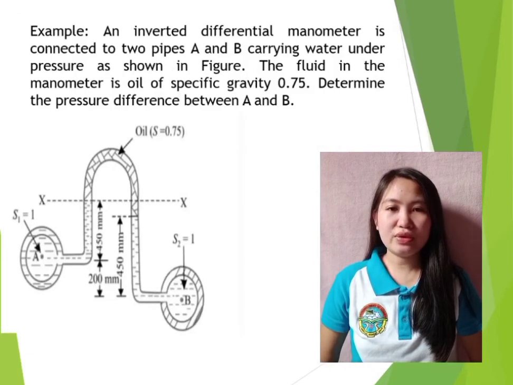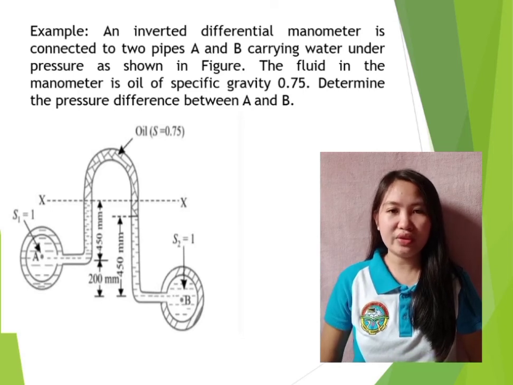Example: an inverted differential manometer is connected to two pipes A and B carrying water under pressure as shown in the figure. The fluid in the manometer is oil of specific gravity 0.75.